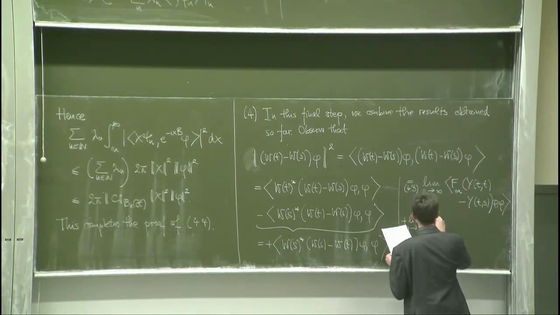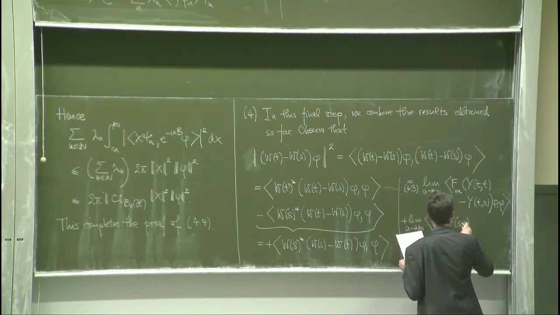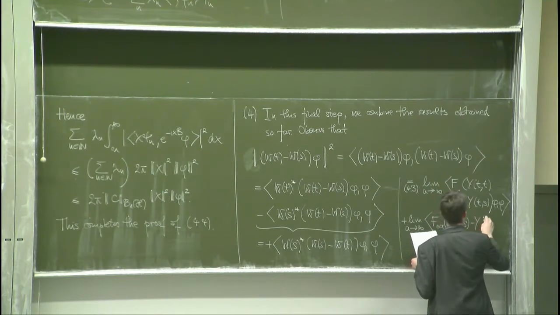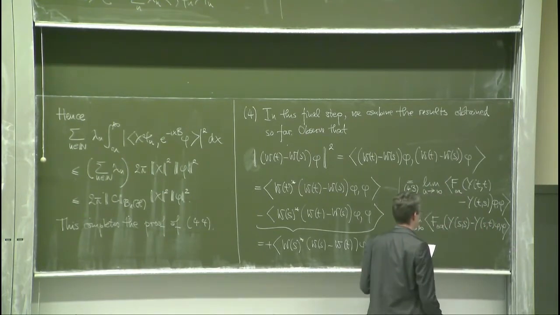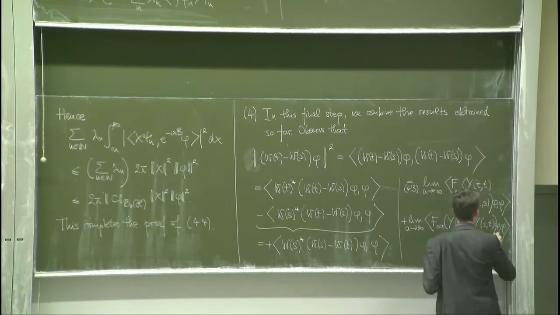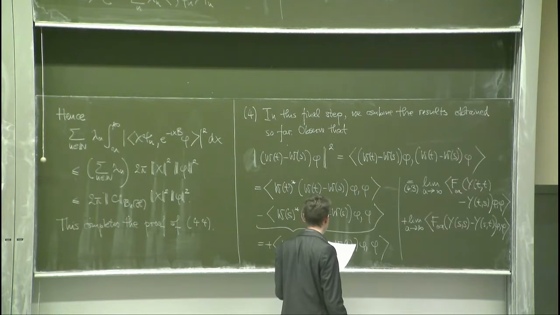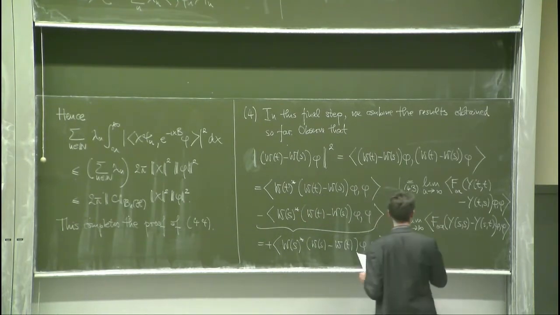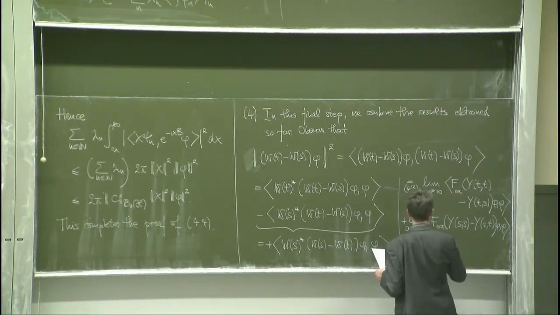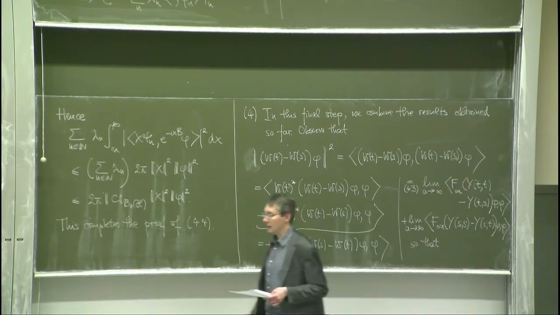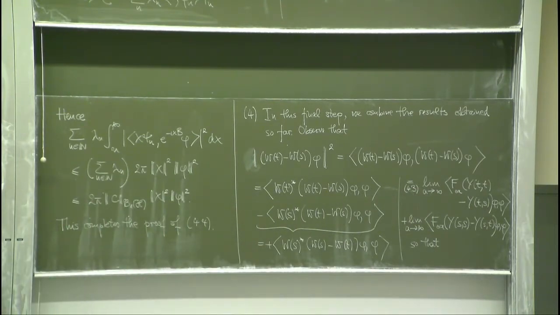And then we have f of 0 and a, y of s and s, minus y of s and t, phi, times phi, like this. So that, let's continue here.